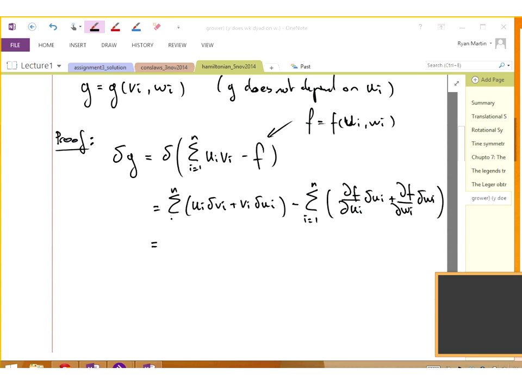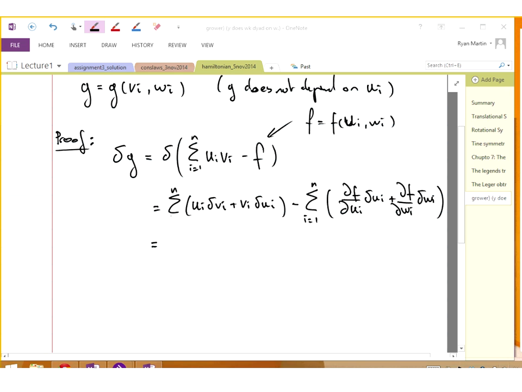So I do the same thing now. I group the terms. So I'm going to keep the delta u's and then group the other two. So first I'll group the ones that don't have delta u's in them.